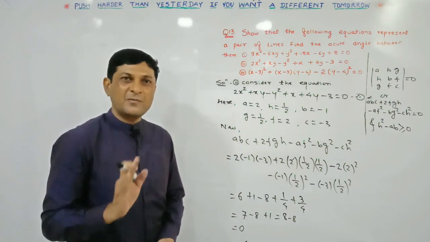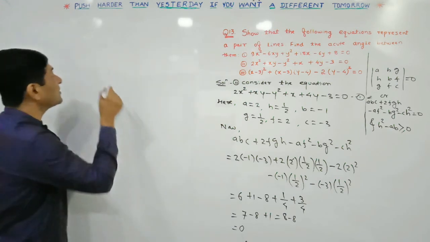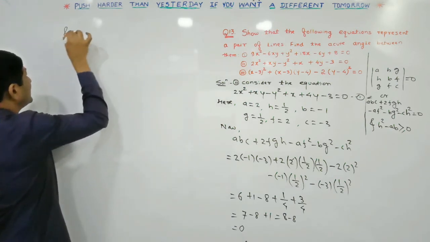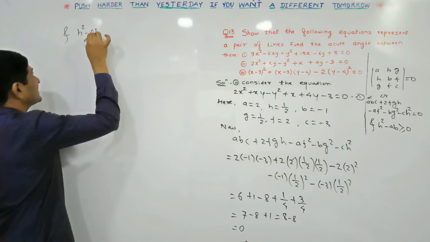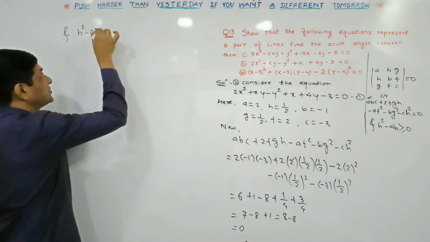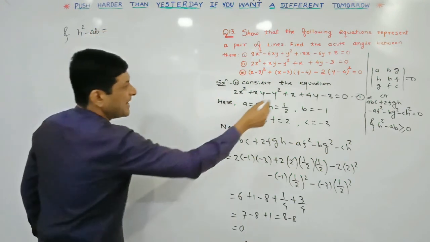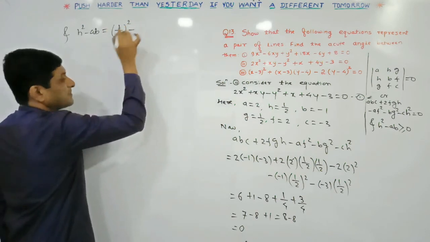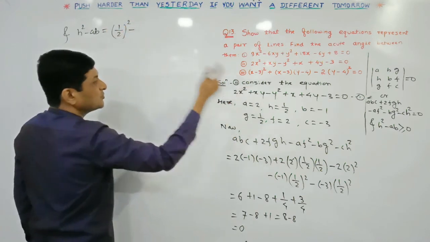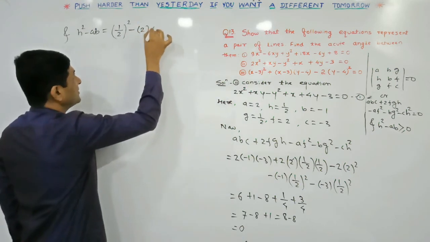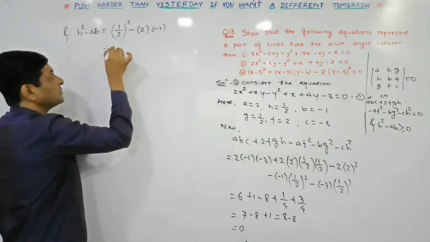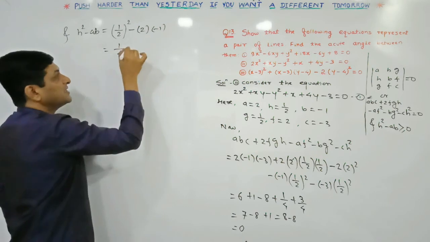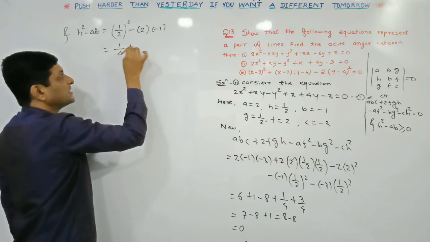Now we are finding the value of h square minus ab. We have to check whether this value of h square minus ab is greater than or equal to 0 or not. So replace h by its value. What is the value of h here? 1 by 2. Keep square as it is, minus a into b means 2 into minus 1. So which is equal to 1 by 4 and here this product will be equal to plus 2.